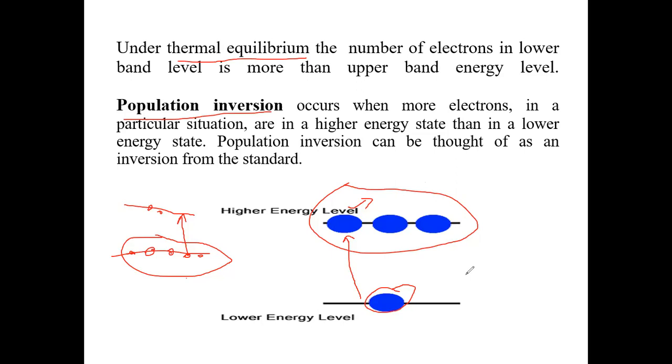Again, when I teach the topic of laser, you should be able to understand it, where we have some graphs to explain population. Population inversion occurs when more electrons in a particular situation are in a higher energy state than in a lower energy state. So population inversion can be thought of as inversion from the standard, and this is my particular standard. I hope you have understood this. Just a yes from any one of you.